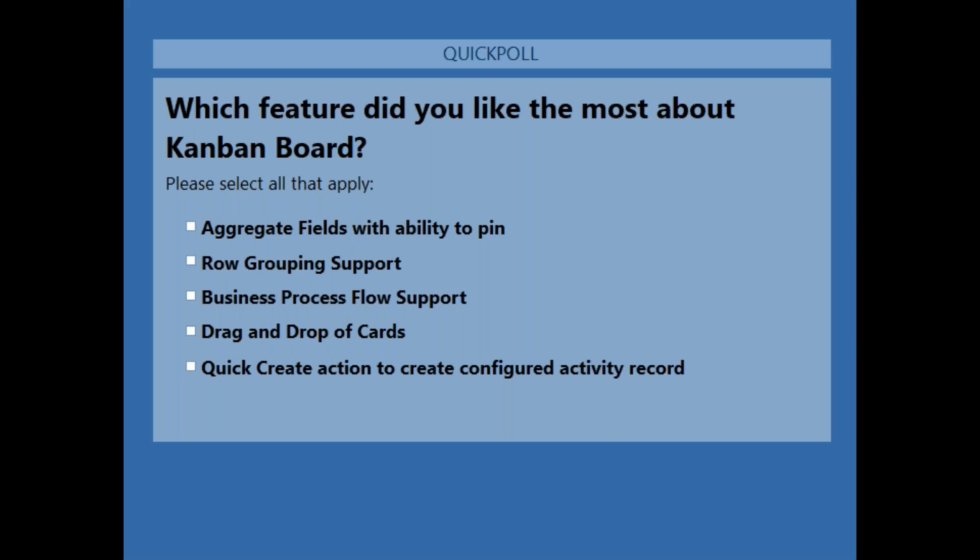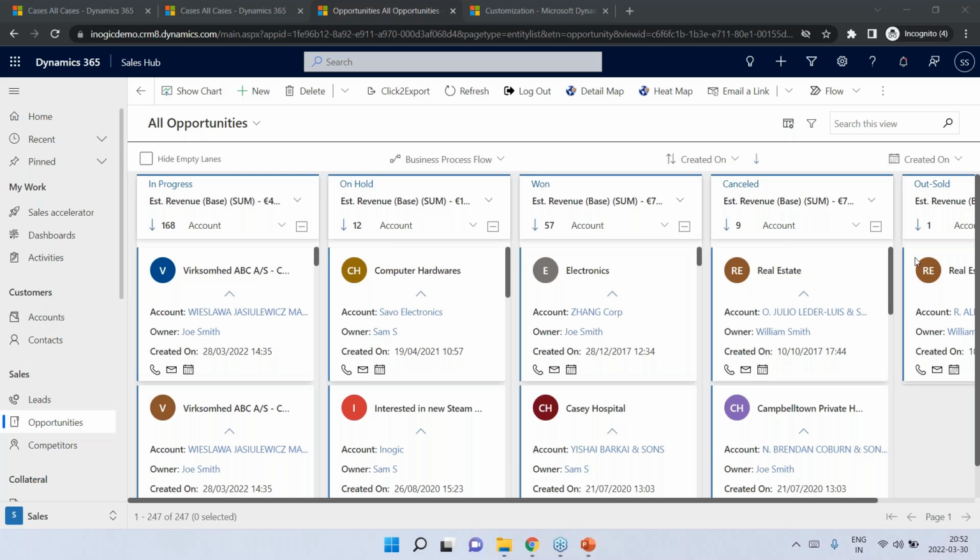So let me just thank you very much for casting the vote. Now, the drag and drop of the card is something which even I am interested in. So what happens is, if you have a certain card in the in progress lane as of this moment, and due to some reasons, this particular opportunity is now going on hold.